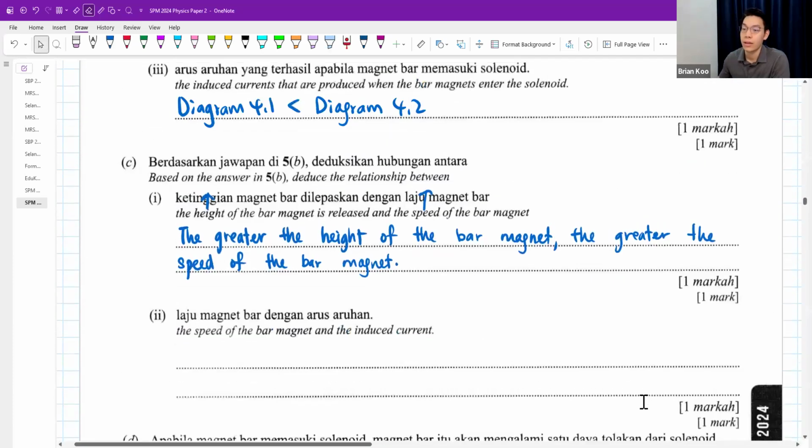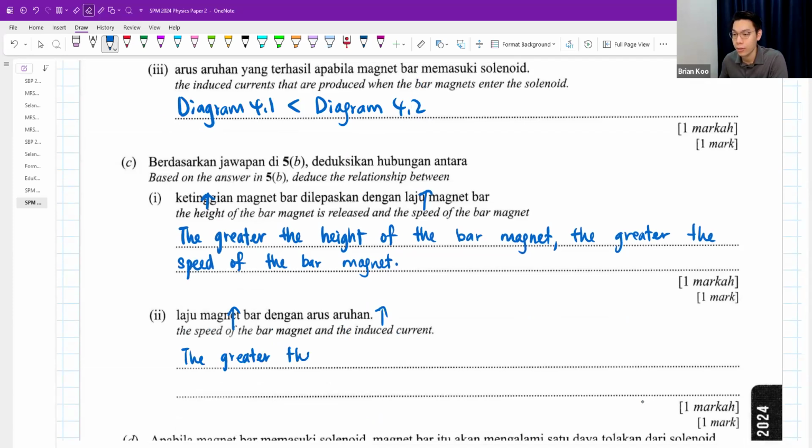And the greater the speed of the bar magnet, then you get more current, the greater the induced current.